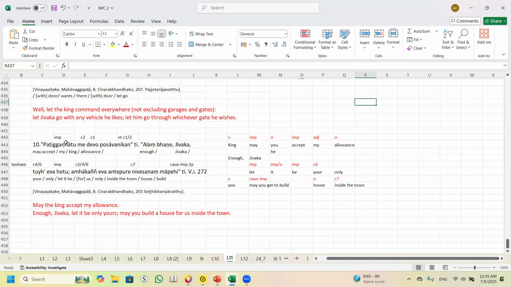Can you see this word? May he accept. For the imperative, you must always remember that if you want to use "may", it is always this format: may first, then this, and this is the imperative. In between, you must put the object. May he, that means referring to the king.